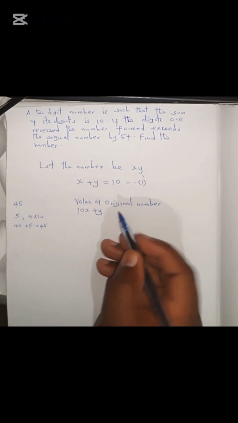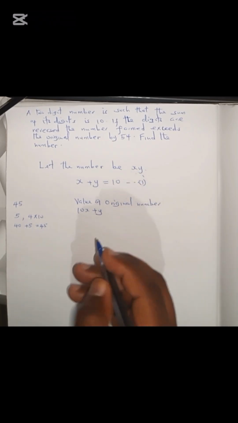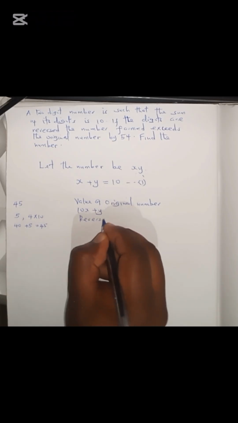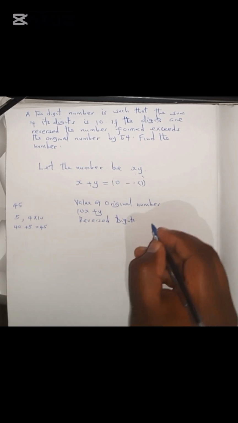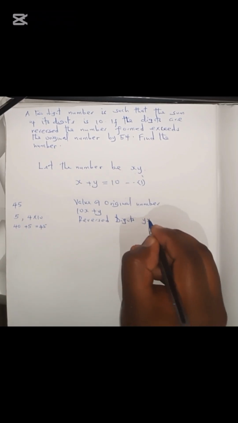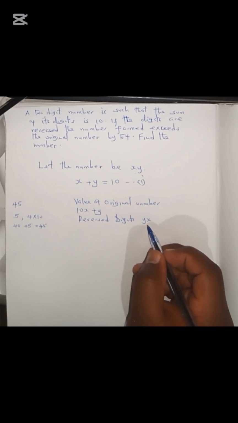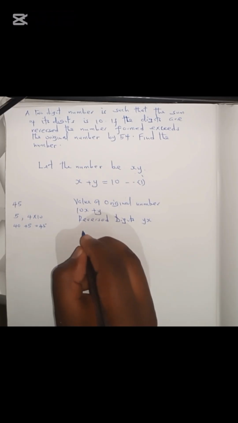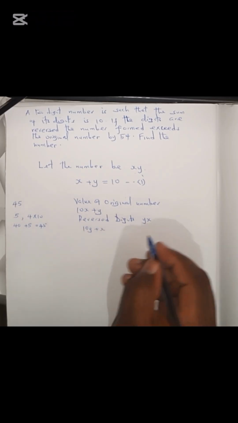So if you reverse these digits, y and x, reversed digits, we are going to have yx instead of xy, which is here. So the value of the number after the digits have been reversed is going to be 10y plus x.